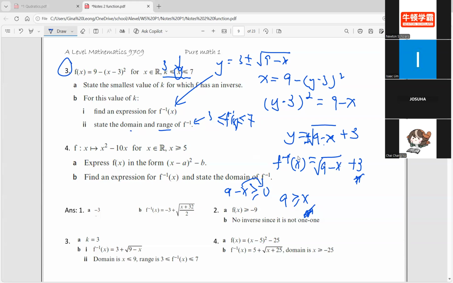You can say the smallest value is 3, or we can say that the range is actually 3 to 7. You can write like that, no problem. I said your one is correct.